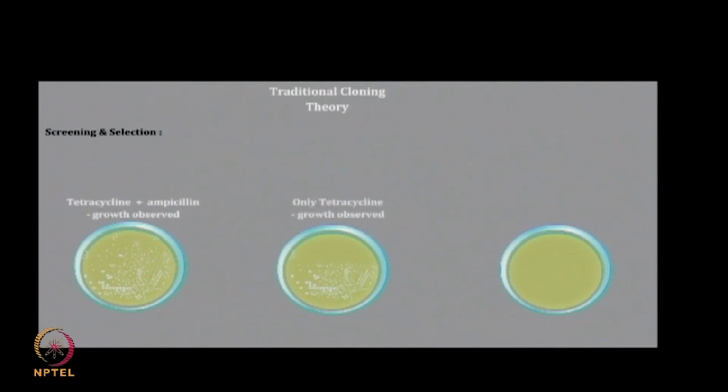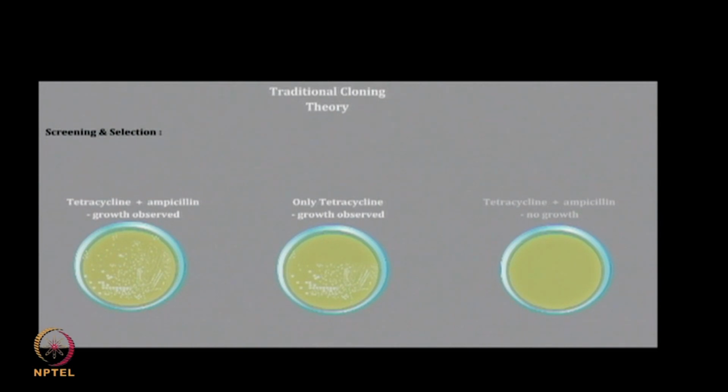Cells that have been transformed with the plasmid, but do not contain the gene of interest, grow on the medium containing both tetracycline and ampicillin. Those cells that have taken up the plasmid and contain the gene insert will grow on a tetracycline containing medium, but will not grow in the presence of ampicillin.